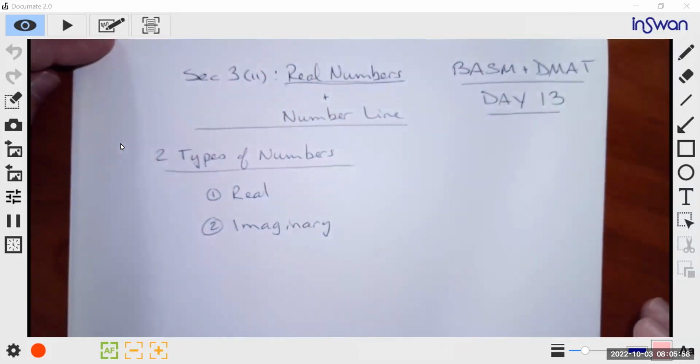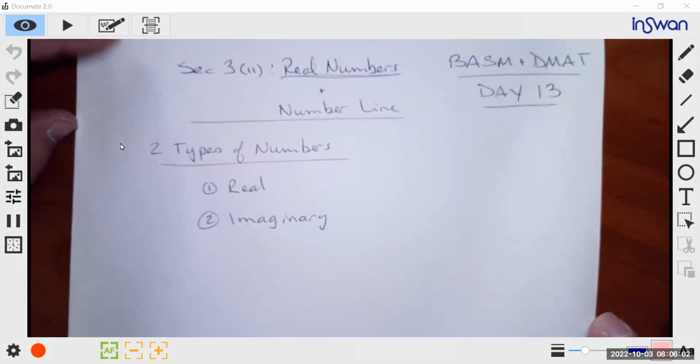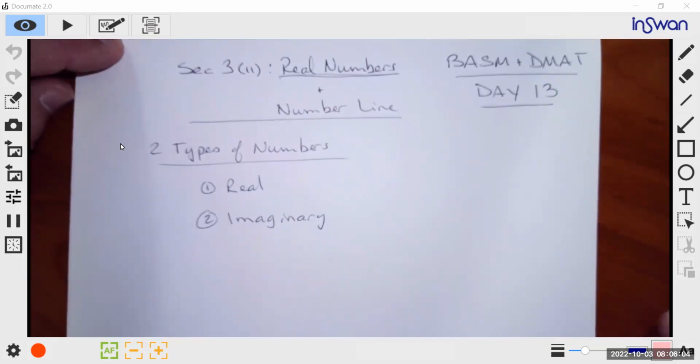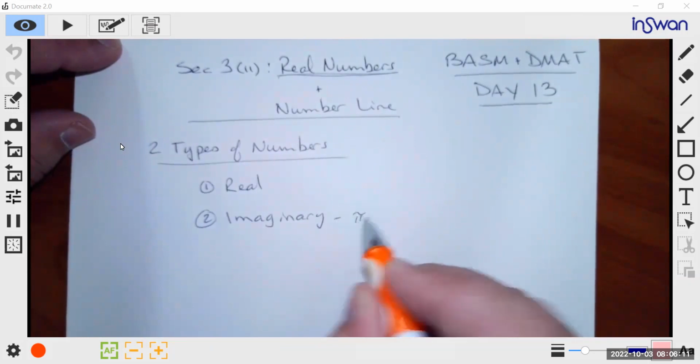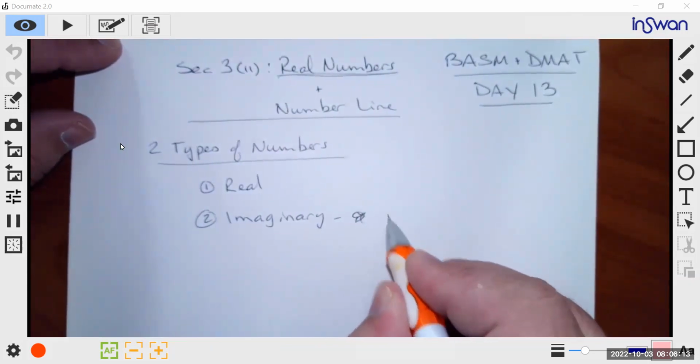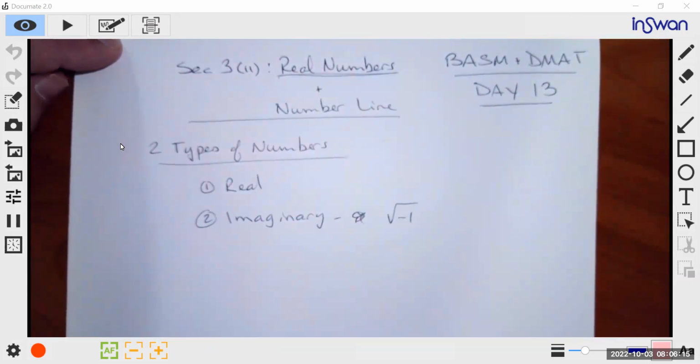Real numbers are numbers that could be graphed. Imaginary numbers are numbers that cannot be graphed or cannot ever be achieved. They're just numbers. Imaginary numbers are like the square root of -1.